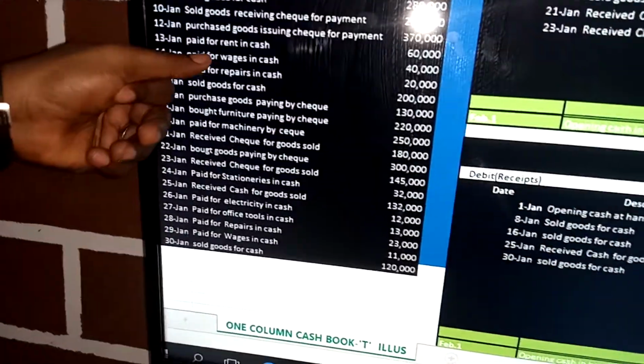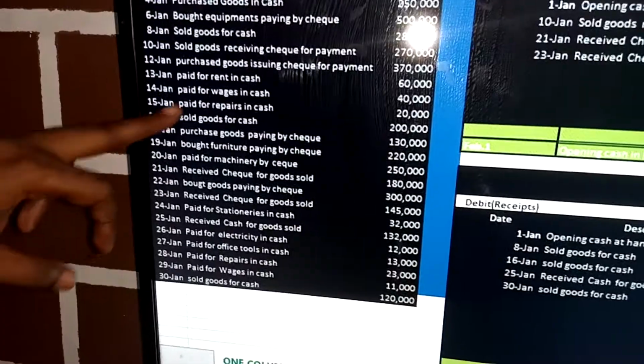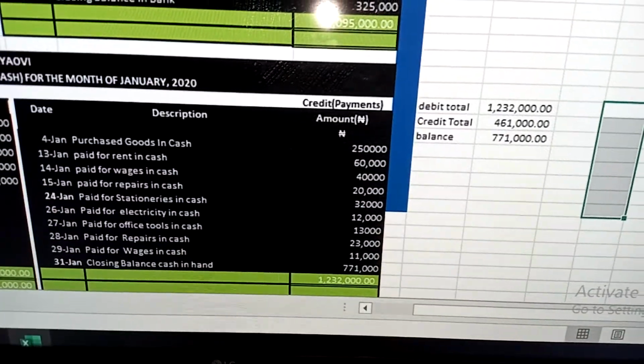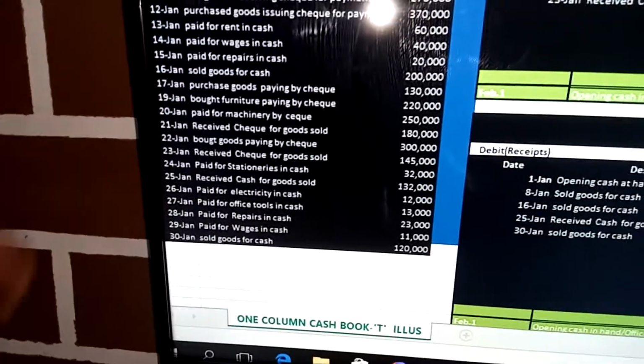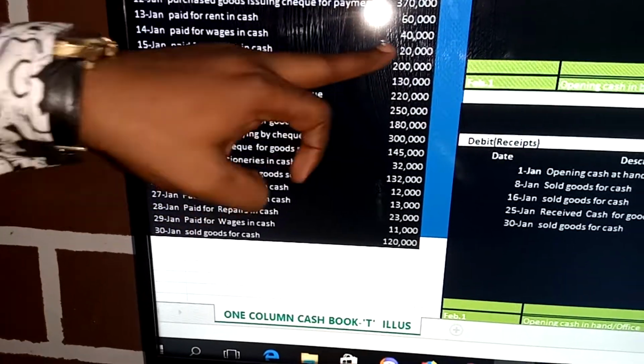14th January, paid for wages in cash, that will go to cash. So we have paid for wages in cash. That's the value there. On the 15th of January, we have paid for repairs in cash. That's cash. After paying for that, the 16th of January, sold goods for cash, 200,000.